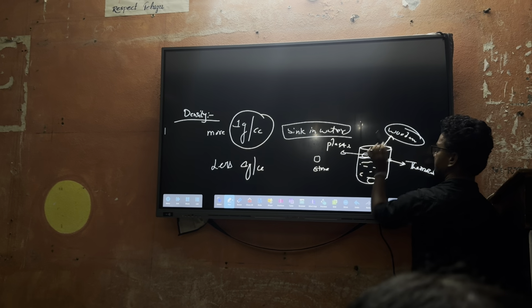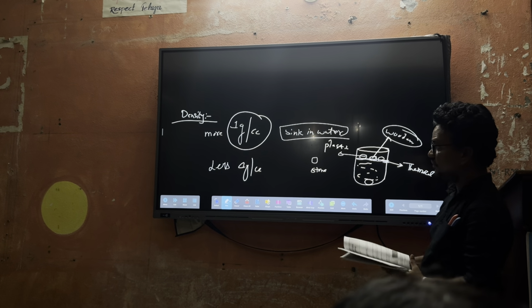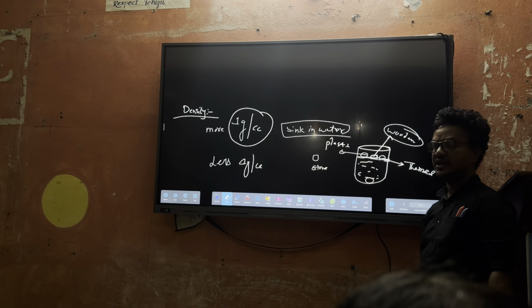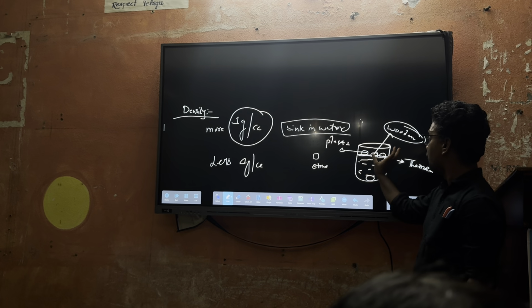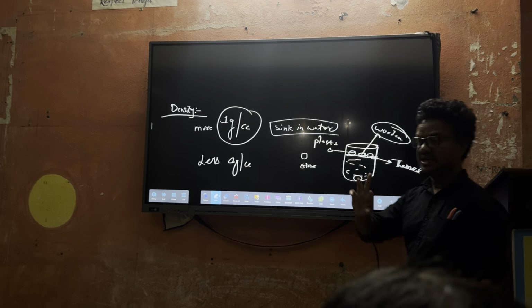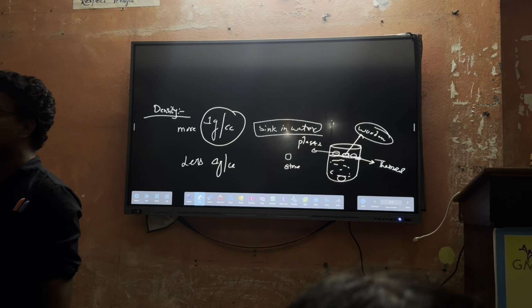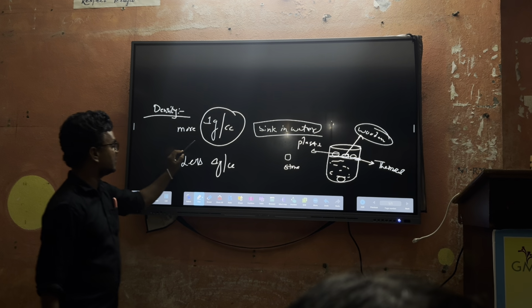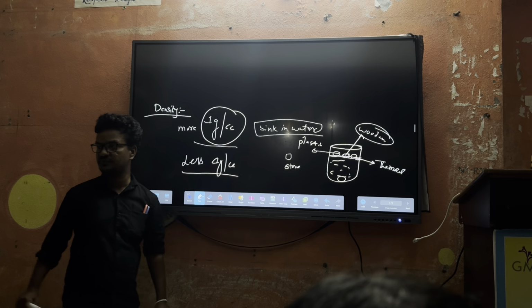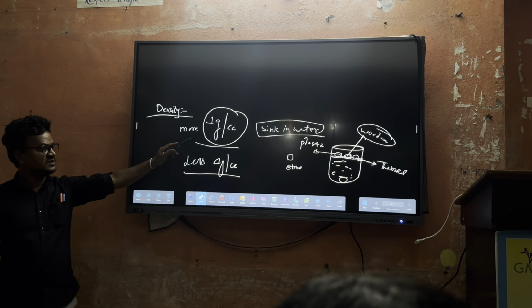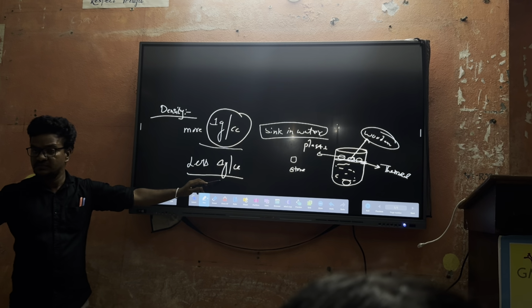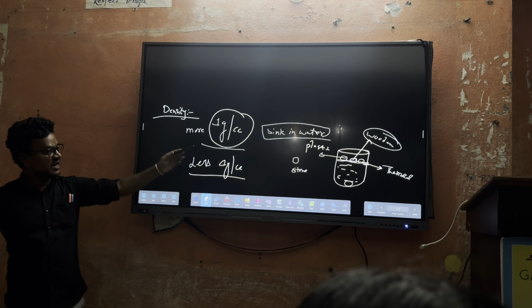These objects with less than 1 gram per cubic centimeter float on water. Some objects sink and some float, and that depends on the density value. More than 1 gram, sink. Less than 1 gram, float on water. You know this already.